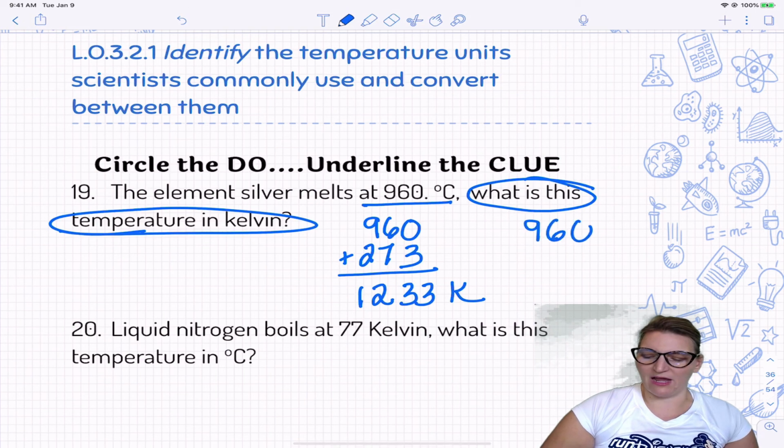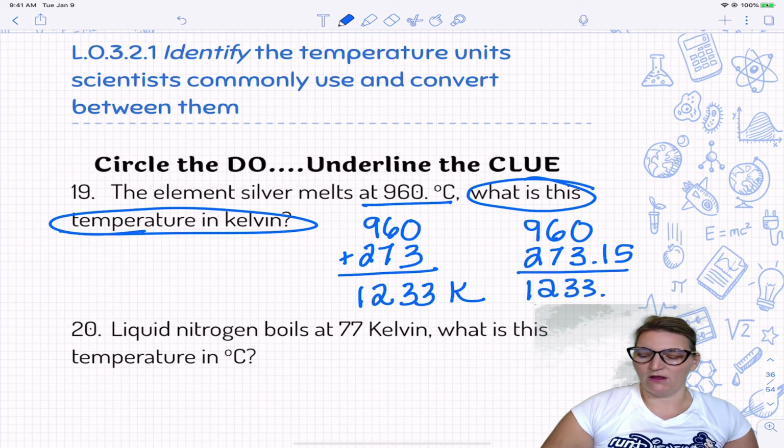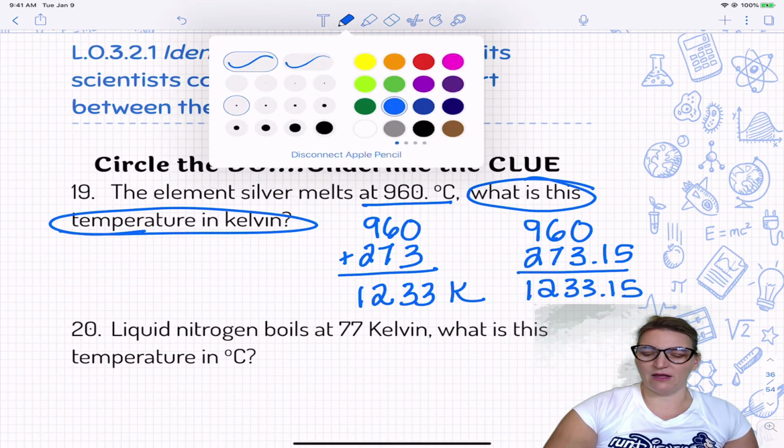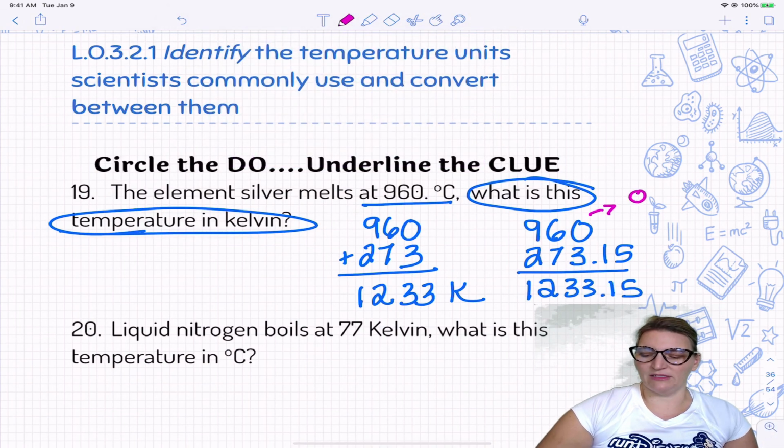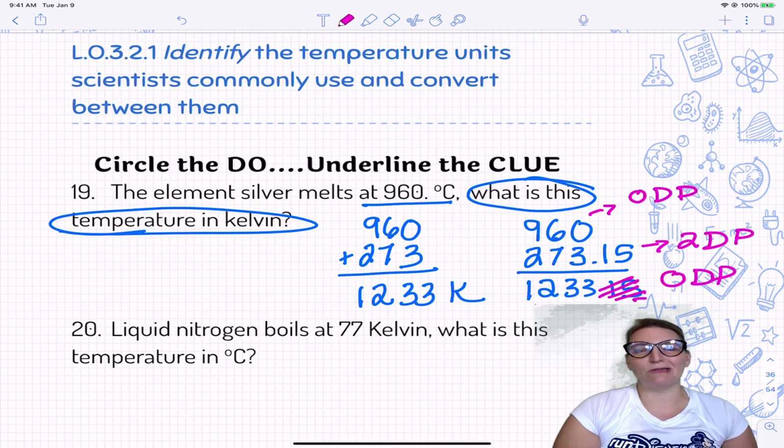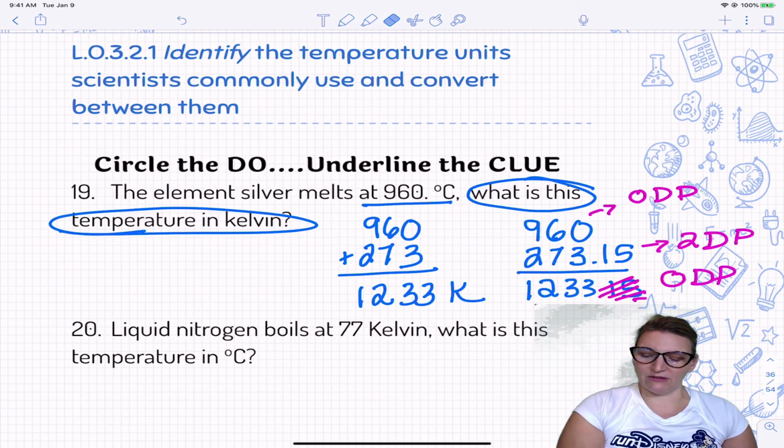If I had added 273.15 to 960, I would have wound up with 1233.15, but because one number has 0 decimal places and the other has 2, my answer should have 0 decimal places, so I just get rid of those last two. That's why it doesn't matter. Then I double check: is my degrees Celsius less than Kelvin? Yes, my Kelvin is always larger.